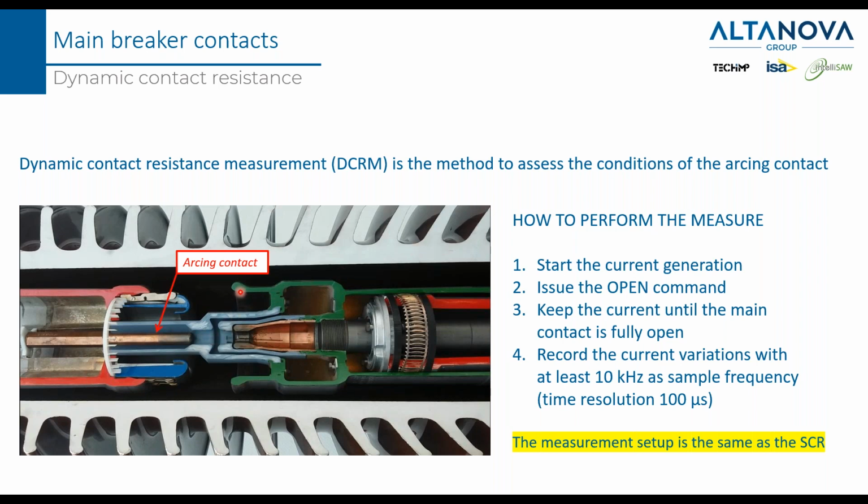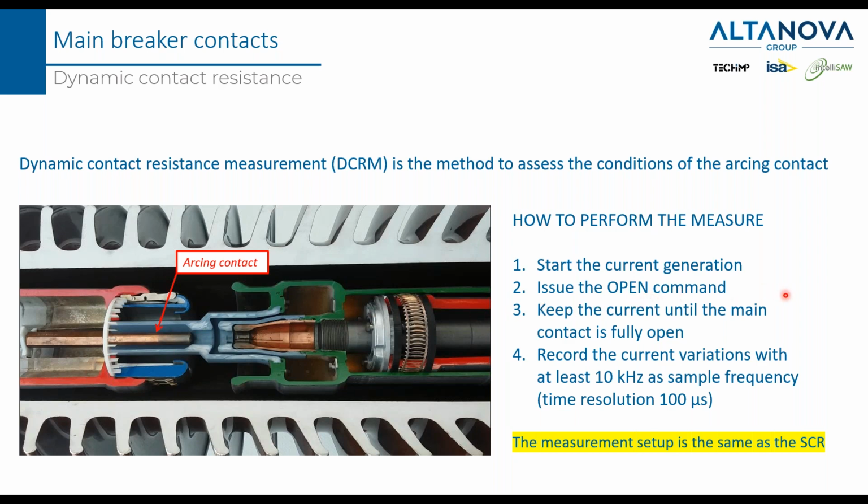So this is the main contact. When this part touches, it creates the main contact, and when this part touches, it creates the arcing contact. So how to measure? First of all, you inject the current in the main contact.